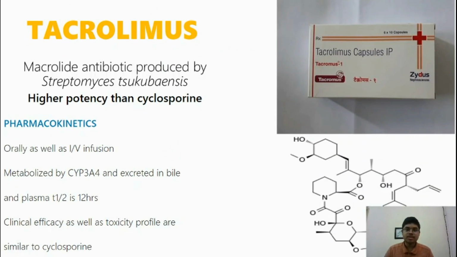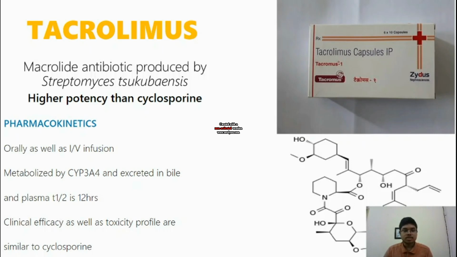Now we come to tacrolimus. Tacrolimus is a macrolide antibiotic produced by Streptomyces tsukubaensis. It has higher potency than cyclosporine. Now we talk about the pharmacokinetics.